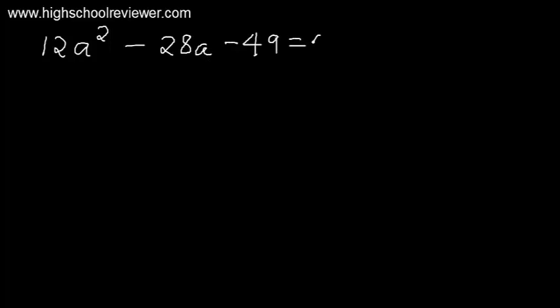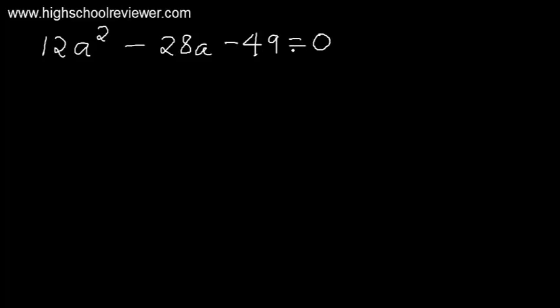Our next problem, we have positive 12a squared minus 28a minus 49 equals 0.